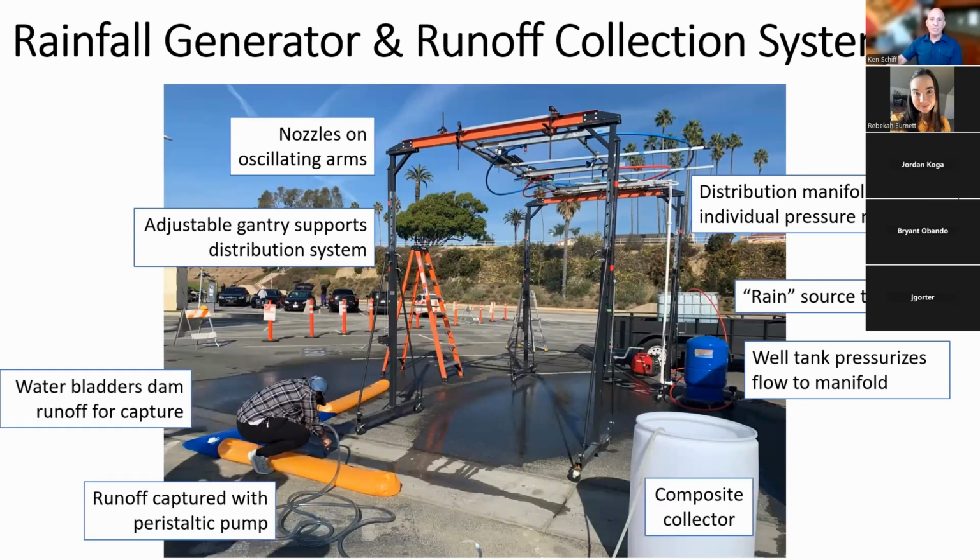And then the last part is how to collect a sample. We use some water bladders here along the curb face to make sure we don't lose any of the runoff. And then we'll use some peristaltic pumps to pump it into this composite collector. We essentially collect every drop of runoff that comes from this rainfall simulator. Sometimes I'll call this whole of storm composite or whole composite.